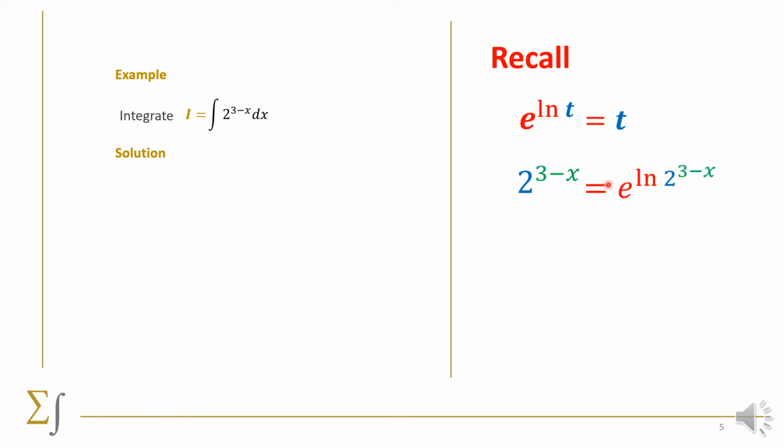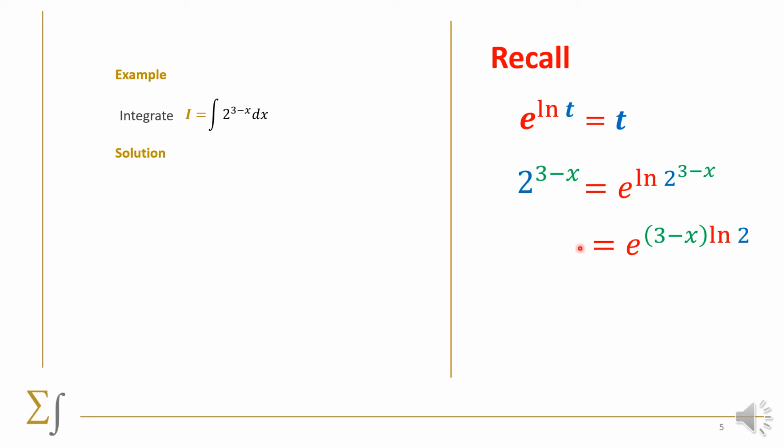This is equal to, again in the same manner, e power ln 2 power 3 minus x. Now, we will use a property of logarithmic functions, which lets us bring the exponent down here. So this is equal to e power 3 minus x times ln 2.